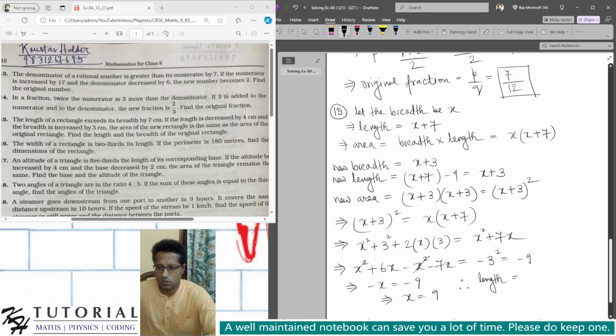So, length of the original rectangle will be 9 plus 7, 16, and breadth is equal to 9. So, the length is 16 centimeter and breadth is 9 centimeter of the original rectangle.